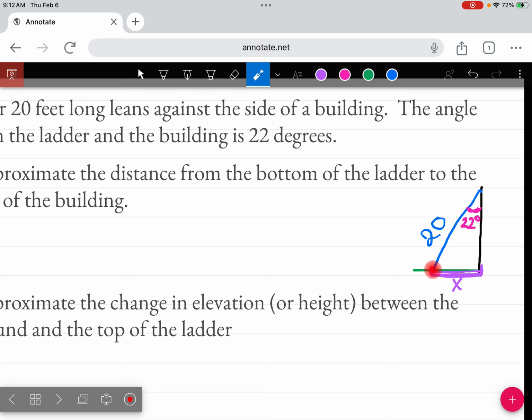We know this guy's our hypotenuse, right? And we're looking at our opposite side here. So if we're looking at our hypotenuse and our opposite, which trig function are we going to think about? Opposite hypotenuse? Oh, cosine.